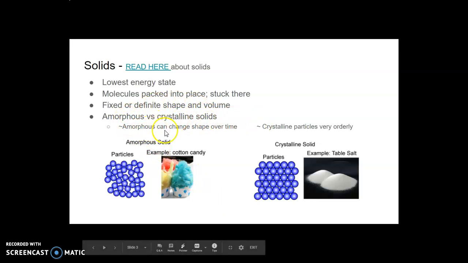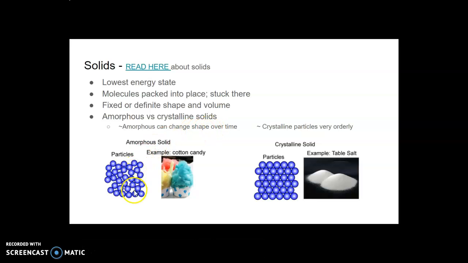Okay, amorphous solids can change shape over time. They don't really have a perfect orderly arrangement. If you look at these particles of the amorphous solid compared to the crystalline solid, there's a perfect order. These are gridlocked into place. And one example over here is cotton candy.